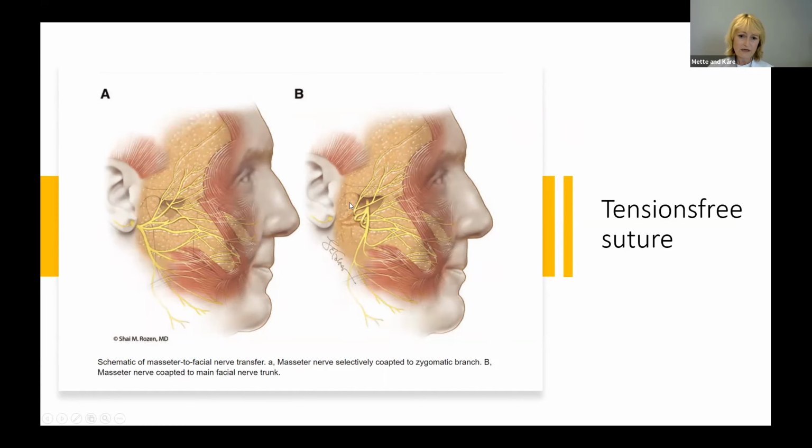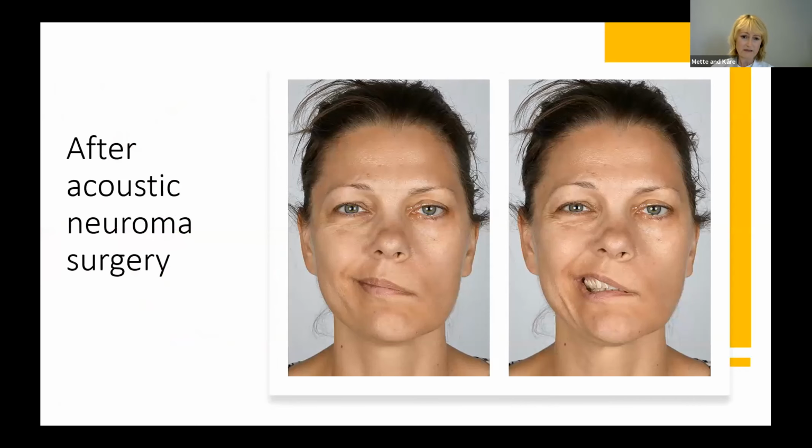We more often actually prefer to do the whole nerve trunk. In order to do that, I think this picture is a bit optimistic. It is usually necessary to sacrifice the branches to the neck in order to make a direct tension-free suture in the face.